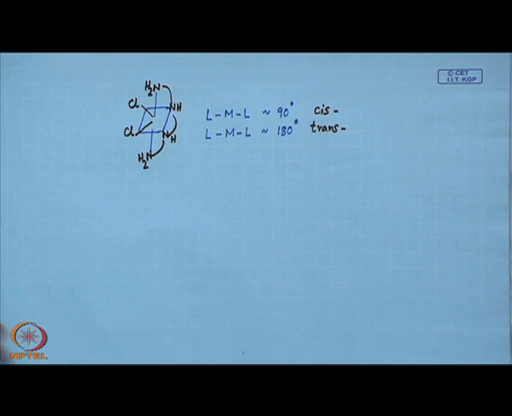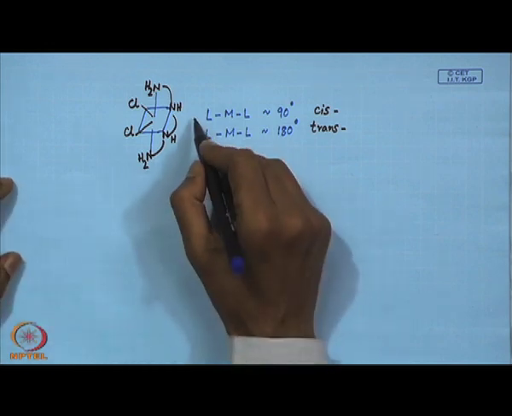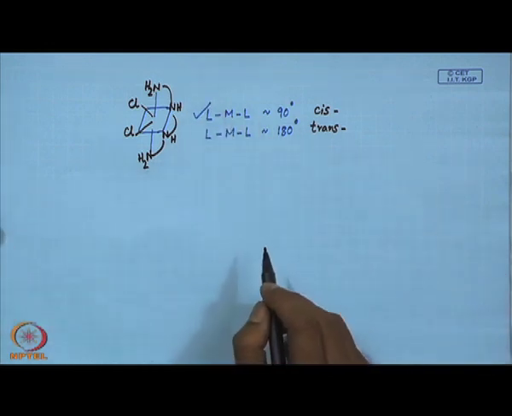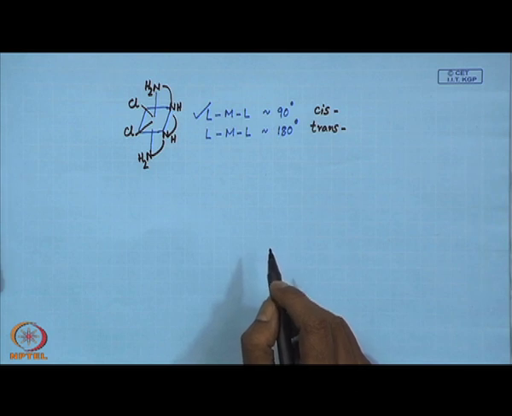If it is chelating, then all the four positions are blocked and we will have only the cis isomer.